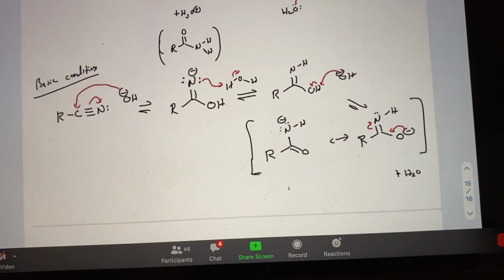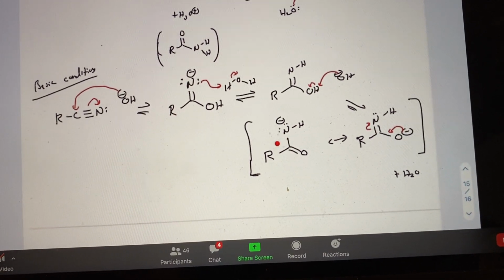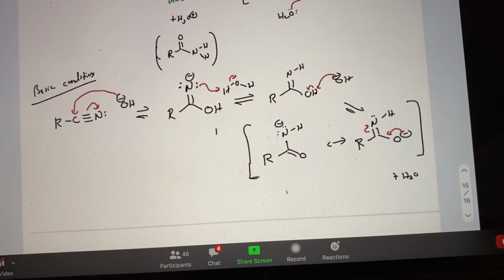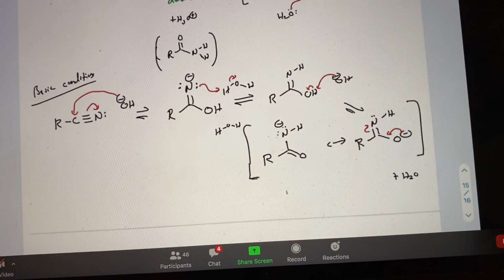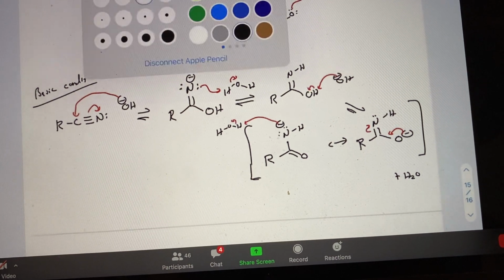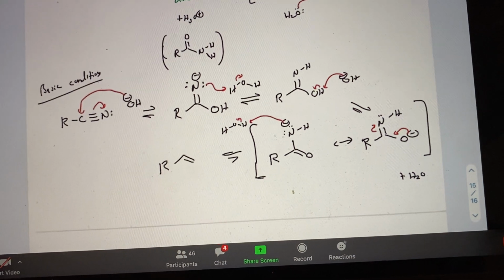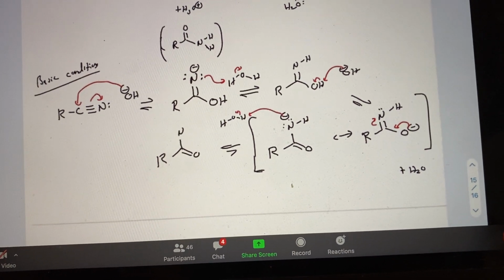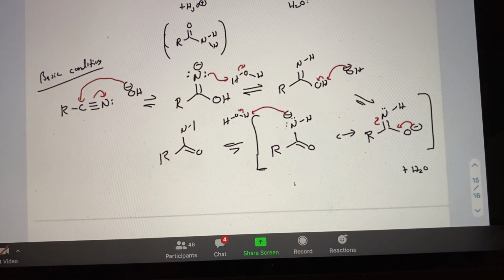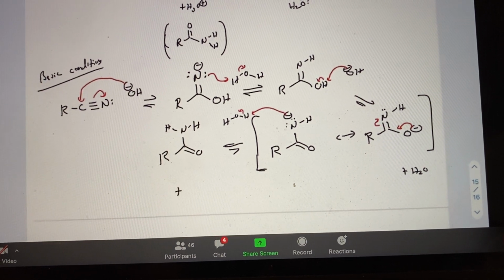So this resonance structure helps show that this nitrogen actually is quite basic, and so it will quite readily pick up a proton off of something like water, forming this species plus hydroxide.